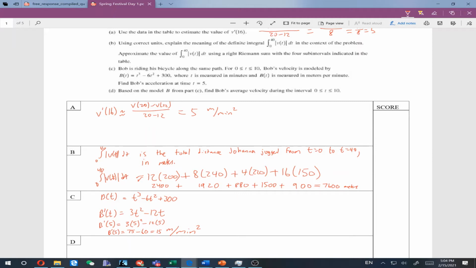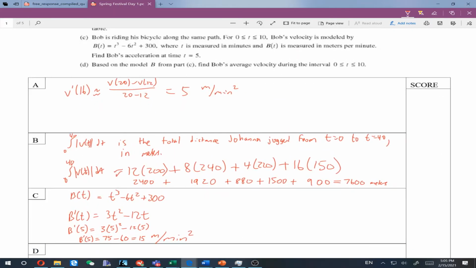Okay, last one. Based on the model from part B, find his average velocity on the interval from 0 to 10. Kyle, if I'm looking for average velocity, then what do I need to do? What were we given?